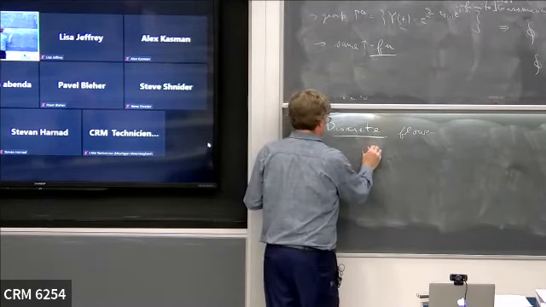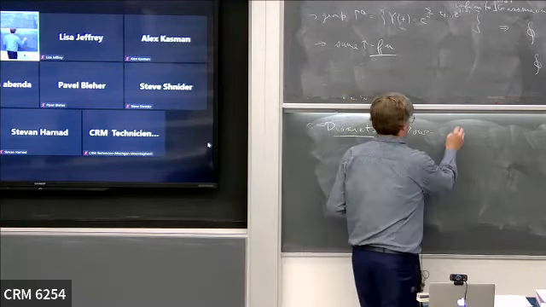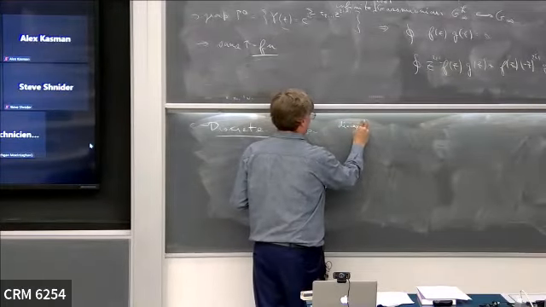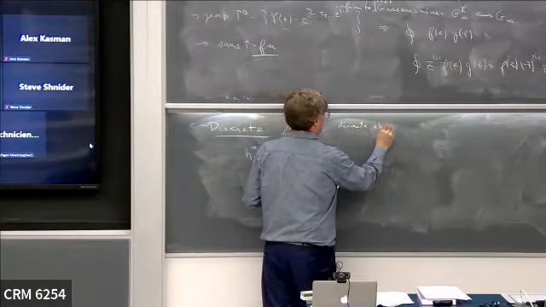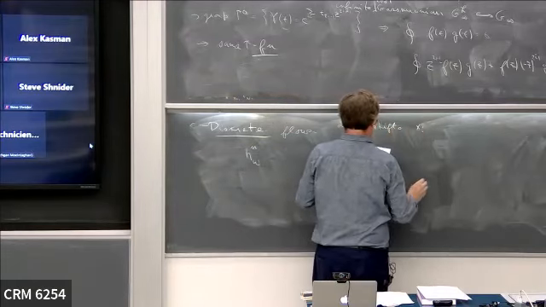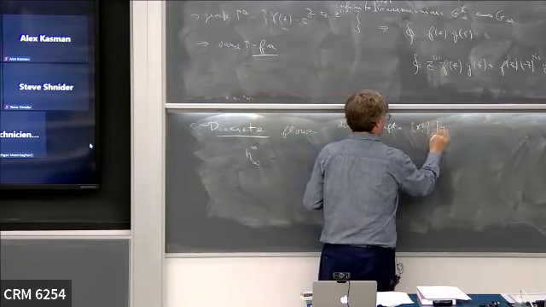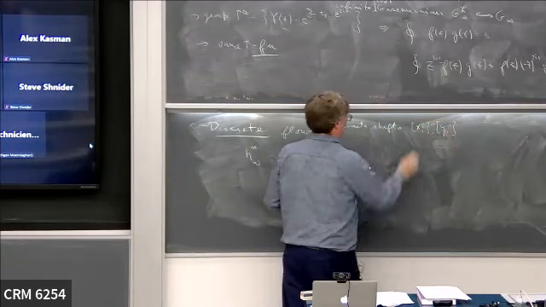So I'll just write out the one. My ingredients are what? Discrete shifts, xi and yi, or just yi actually.